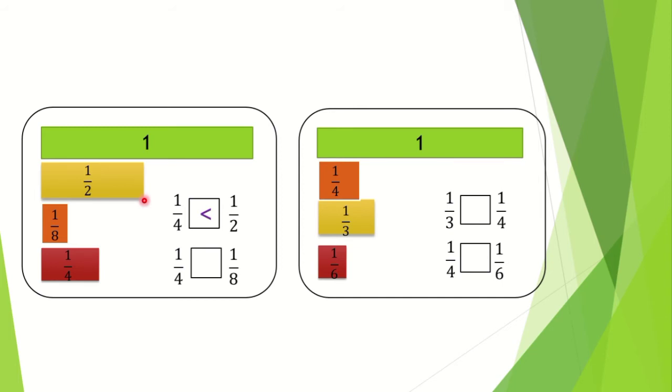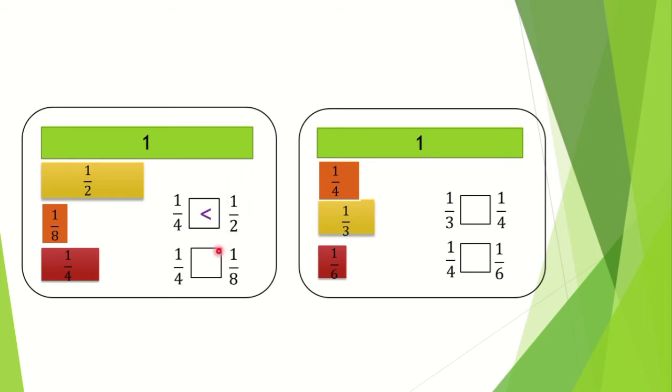And let's see here. 2 is smaller than 4. So half is bigger than fourth, because the smallest number in a denominator is the biggest number in a fraction.